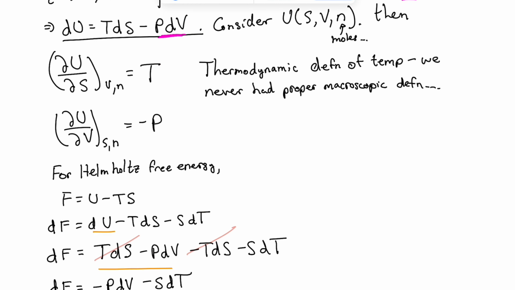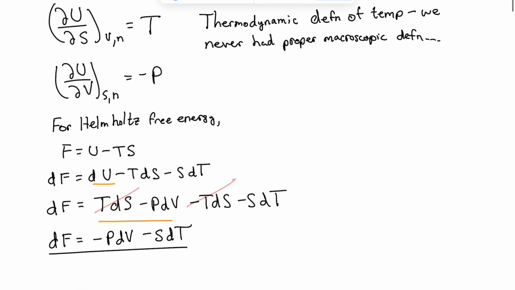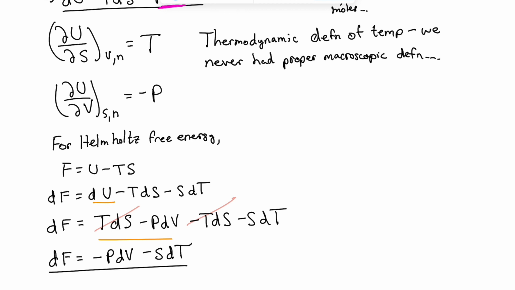Okay, moving on to our next derivation. For the Helmholtz free energy, F is U minus TS. So dF is equal to dU minus TdS minus SdT, where if I take the total differential of TS, I use my product rule to get SdT plus TdS.